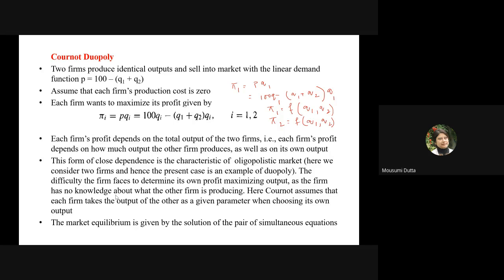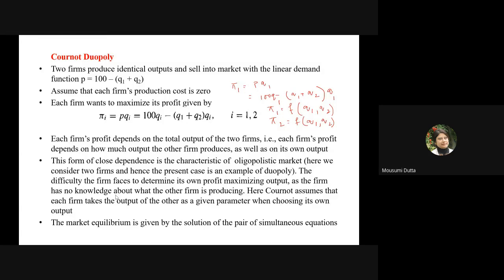Stackelberg will make another kind of assumption. So there are different models where the assumption will vary regarding my perception of the profit maximizing output of others. Therefore, there are different types of strategic behaviors in the context of oligopoly. Firms can take different types of strategy depending on what kind of model we build up.